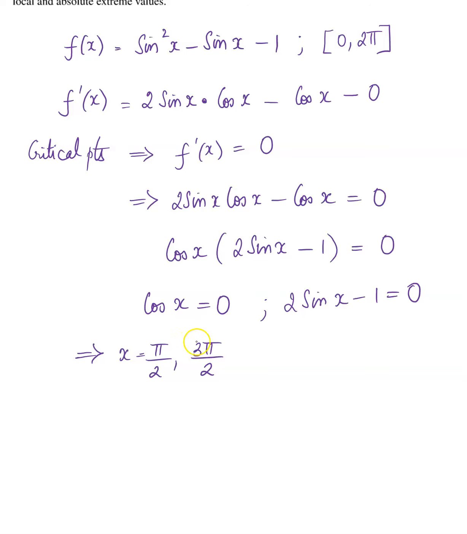Okay, that's for this. And here, sine x equals half, right? Add 1 on both sides and divide by 2. That means your x, meaning sine x, will be half at pi over 6 and 5 pi over 6. You can look at the unit circle to get this information, and thankfully your interval is from 0 to 2 pi, so it's just one rotation that you're looking at.